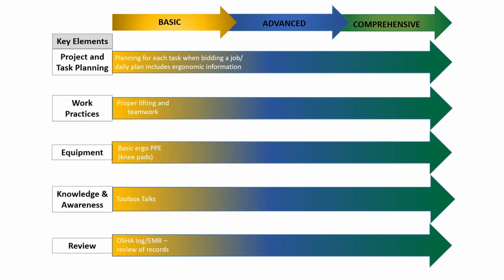Workers are provided with ergonomic PPE such as knee pads or floor movers. And toolbox talks on ergonomic topics are used to increase worker awareness and knowledge. The review element at this stage primarily relies on the OSHA log, which is a crude measure of a program's progress at best.